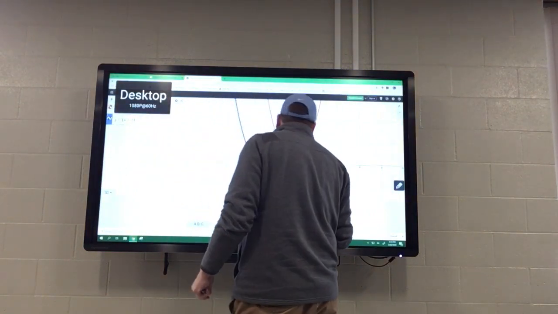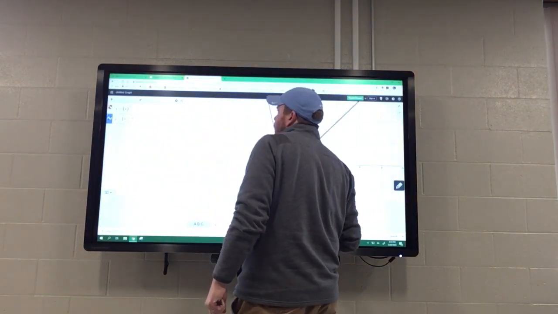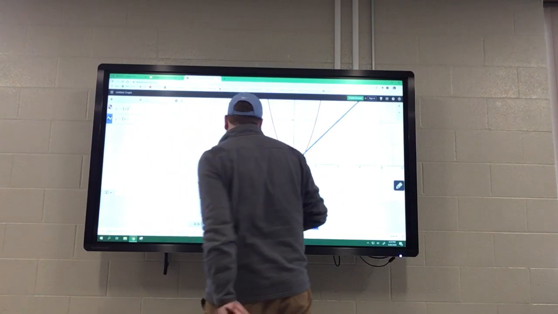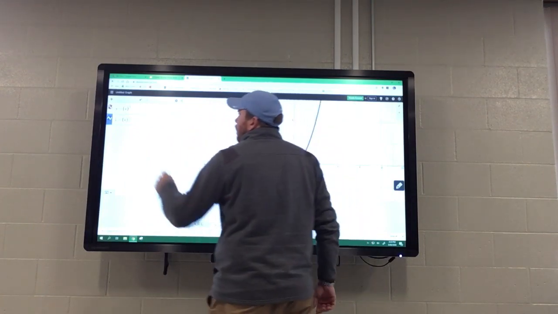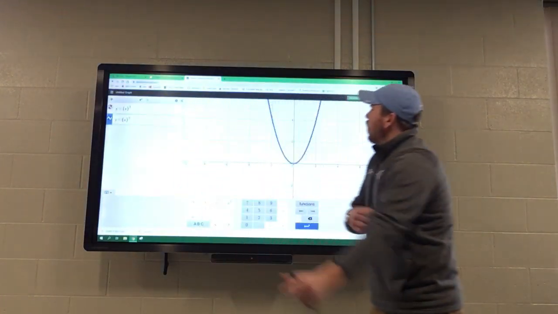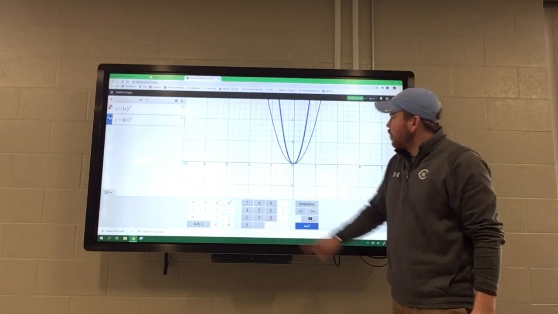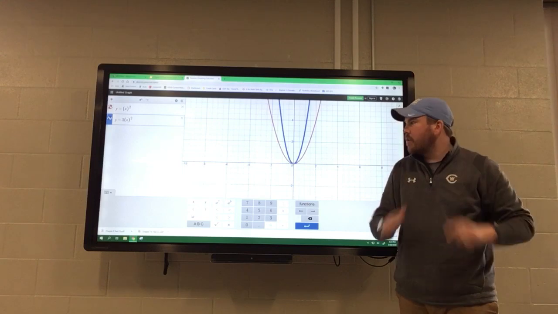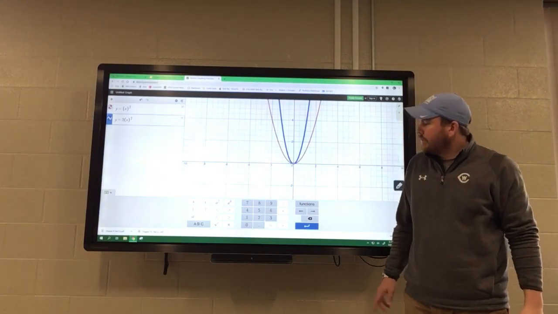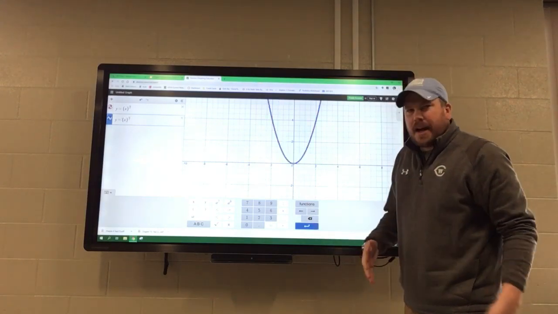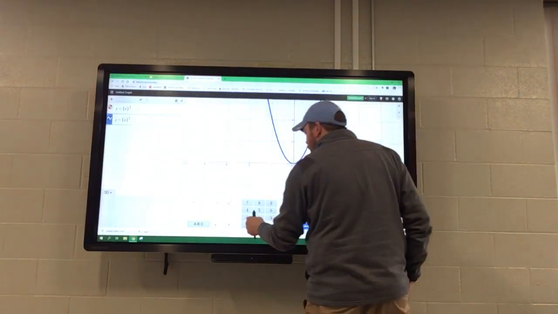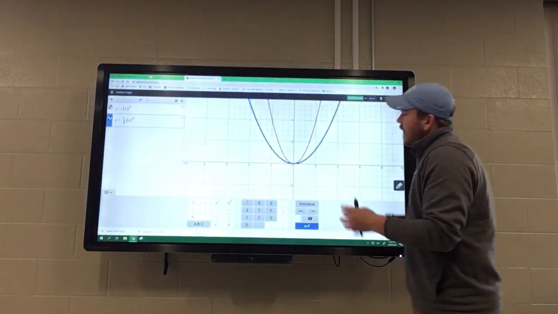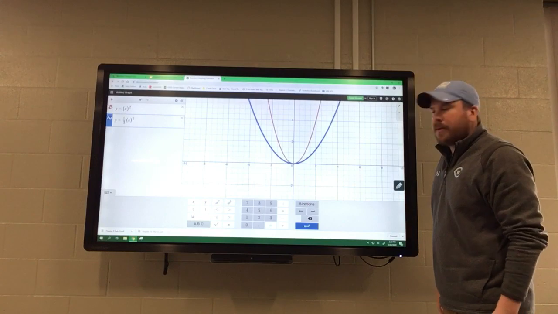Okay, and we're going to say, all right, y is equal to, we can just leave it at x in parentheses again. So x squared. What happens if I multiply this by, let's say, 3? As you can see, my parabola got much more narrow. Okay? What if I multiply it by, I don't know, something like 1/3 instead? As you can see, my parabola got much more wide.